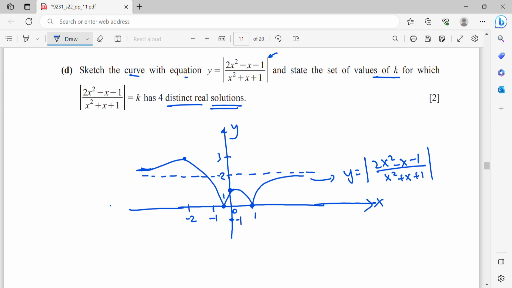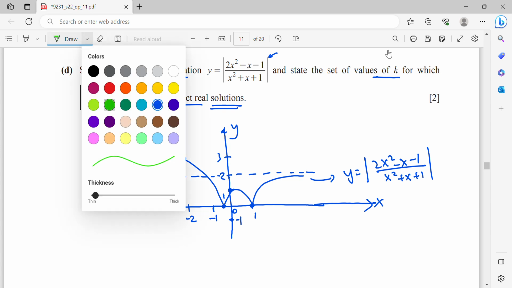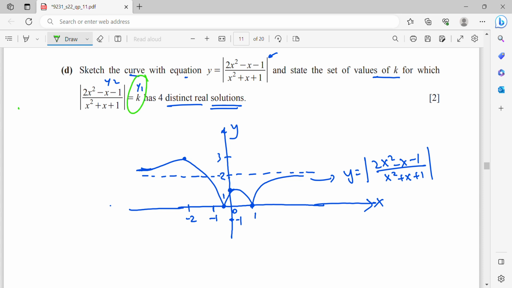Okay, now for the next part, state the set of values of k for which the modulus graph equals k, this is y1, this is y2, has 4 distinct roots. So how to solve this is you need to draw a horizontal line, because y1 equals k means a horizontal line. So I can just let this be k. Now let's check.